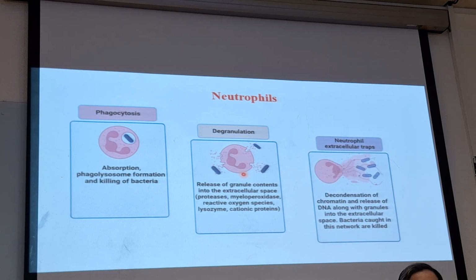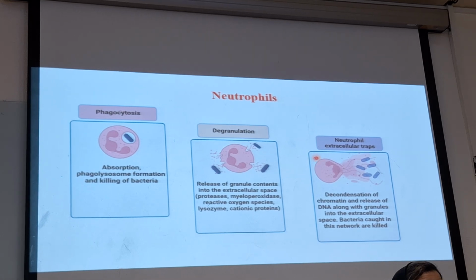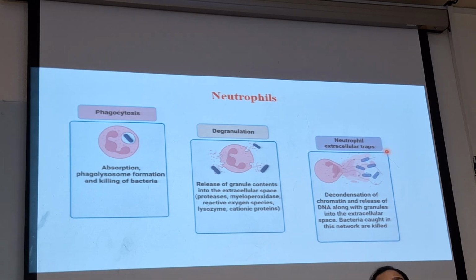And the other function of neutrophils, which I mentioned in the previous session and promised to explain more, is NETosis. NETosis is not necrosis. NET means neutrophil extracellular traps. When neutrophils aren't able to kill the pathogen through phagocytosis and degranulation, they sacrifice themselves. It's interesting.